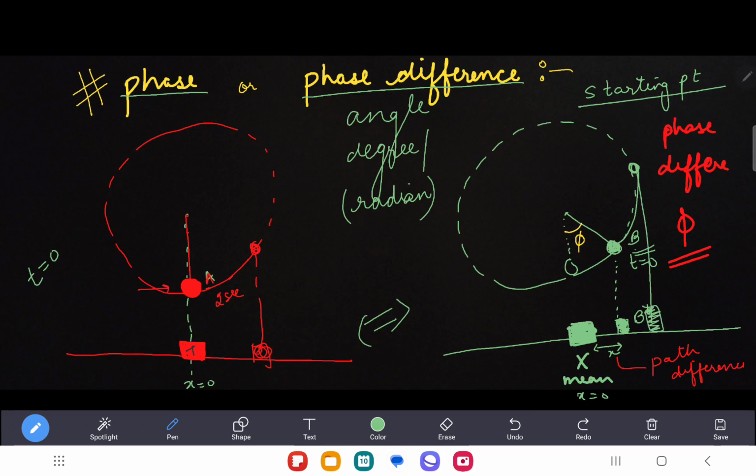Definitely, bob B shall always be that much angle ahead, and corresponding to that angle there is a path difference here. So that is the concept. Understood or not? Yes.